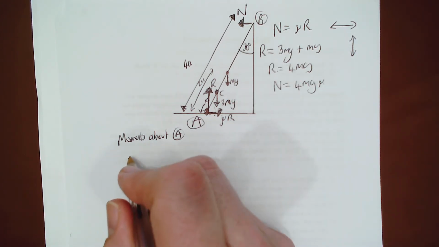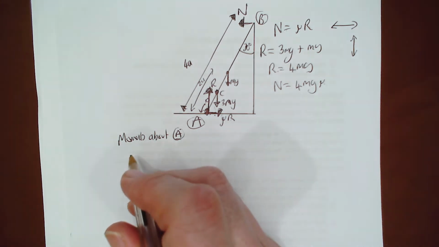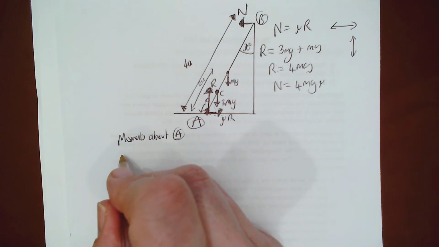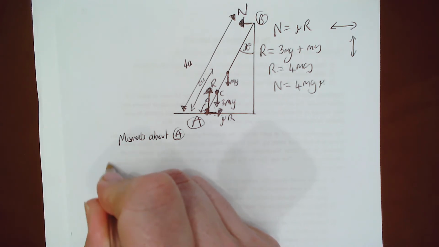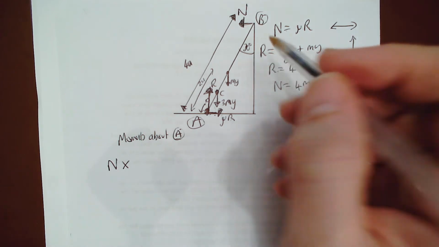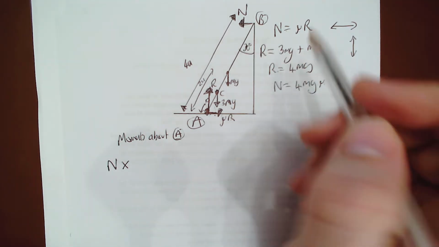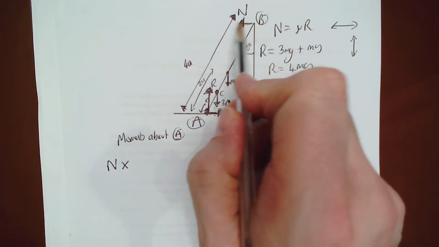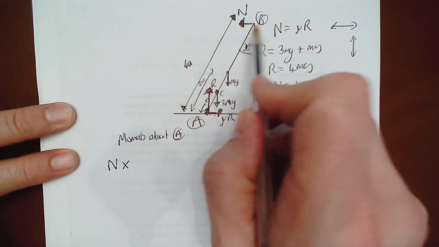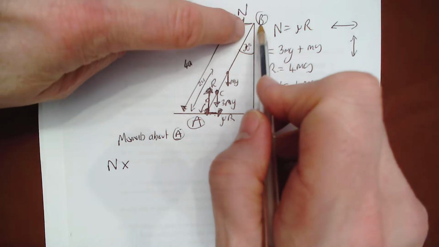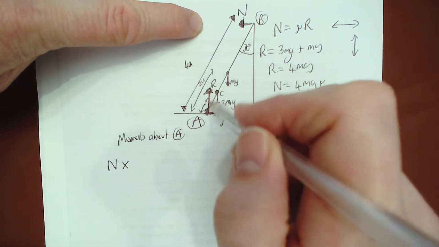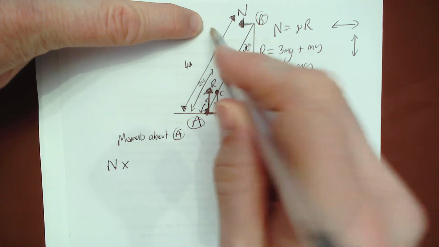So I've got that N force which is going anticlockwise. We've got N times, now I want the perpendicular distance of this. So if you look here, the line goes across. Where can I hop off and go perpendicular to the pivot? If I went from there, I could hop off here, and what I'm showing you there is the perpendicular distance.